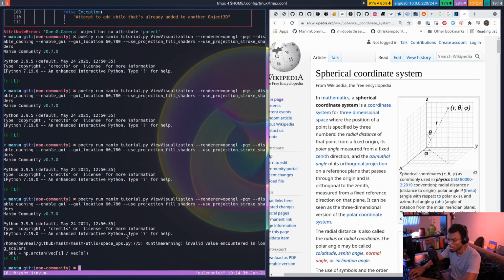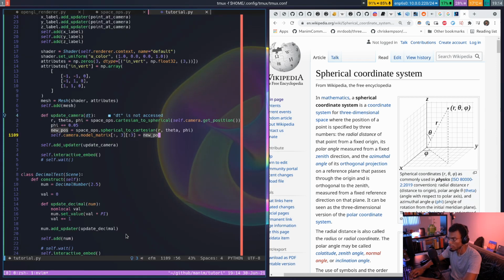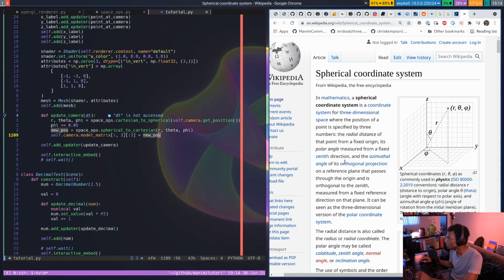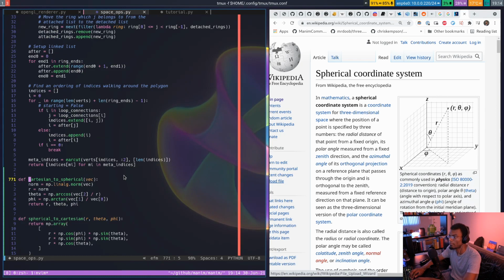Oh, I'm dividing by 0. In long scalars. And this actually makes sense because I'm starting it right on top of the z-axis, which means the x-coordinate is 0.